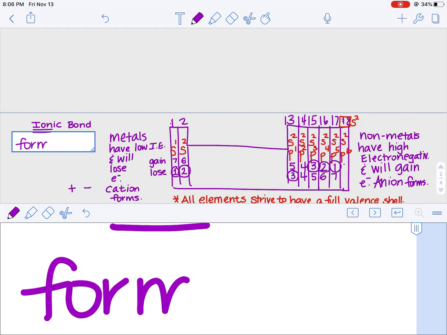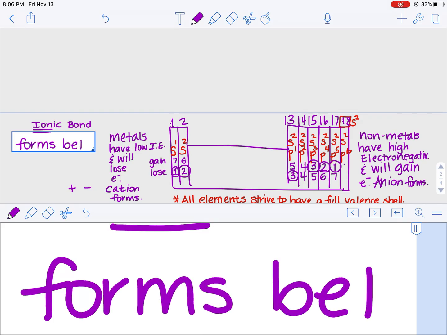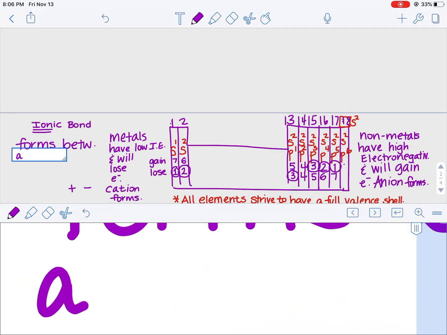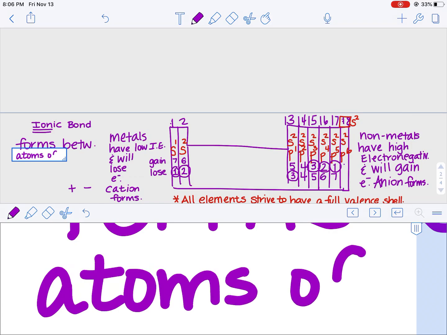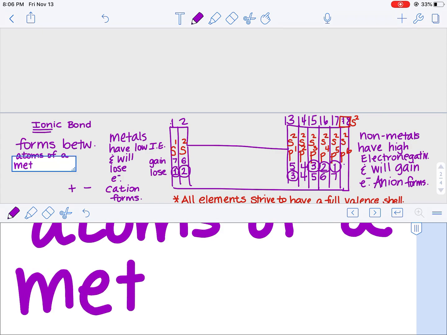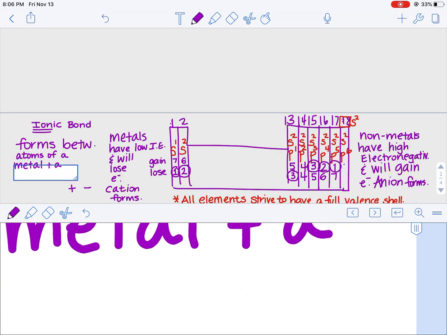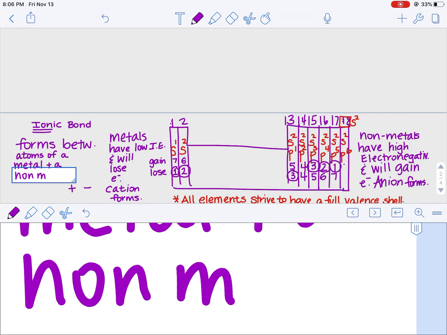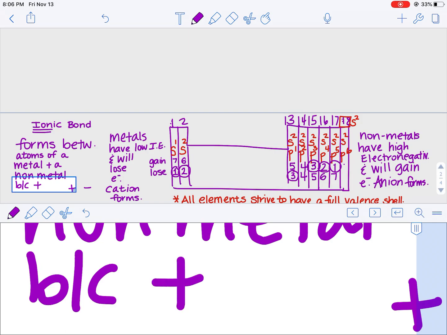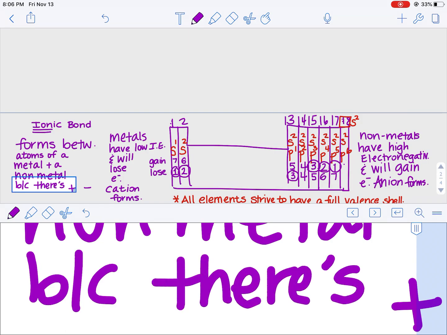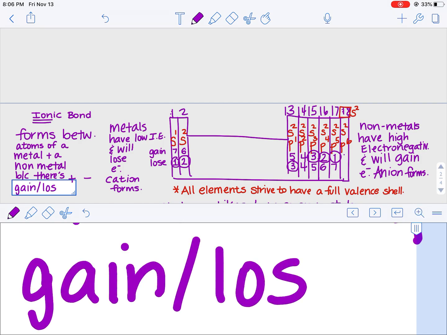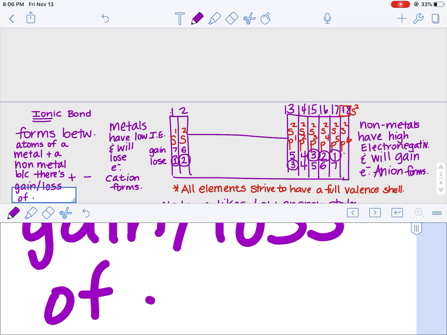So an ionic bond forms between atoms of a metal and a nonmetal, because there's a gain/loss of electrons.